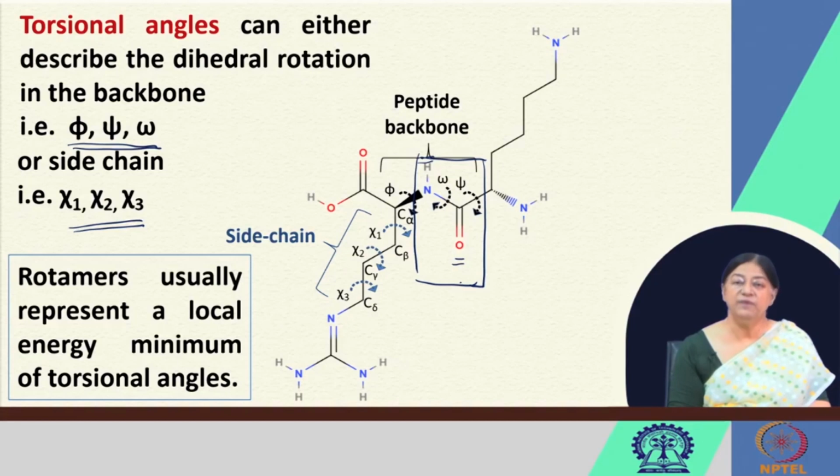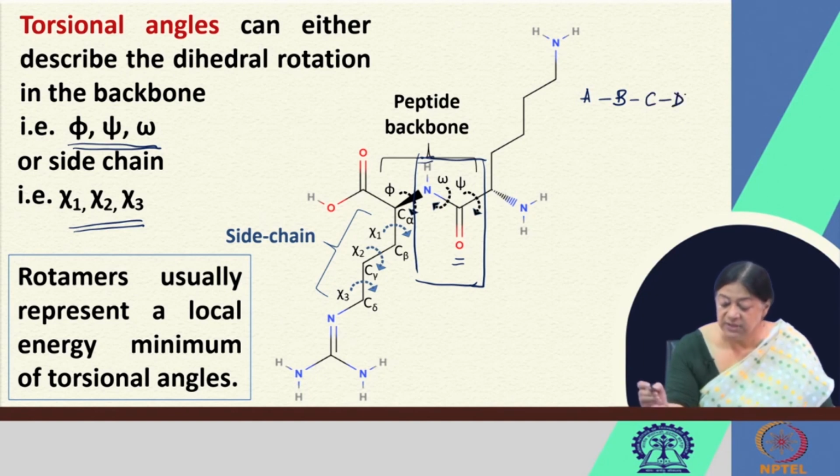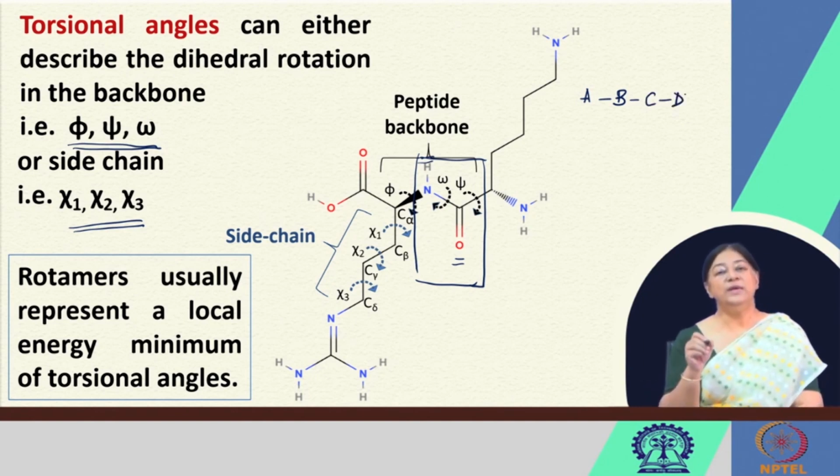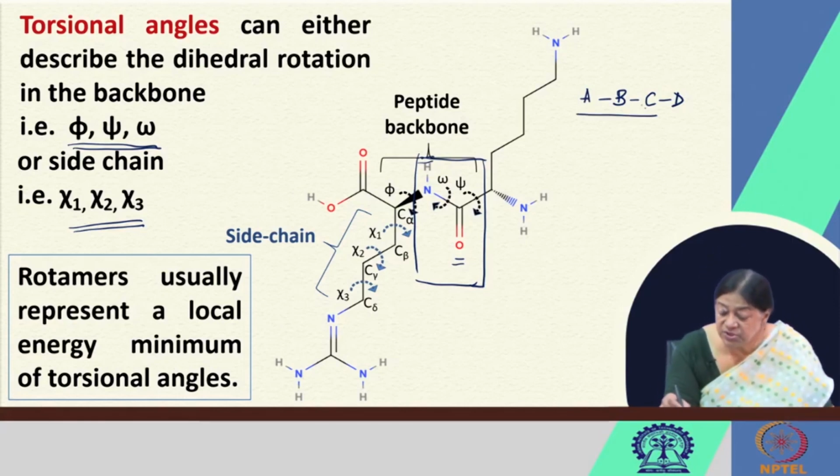So, for this we have to define, say, 4 atoms. If we have 4 atoms linked together, A, B, C, D, we know that we can define a plane using just 3 points or 3 atoms.